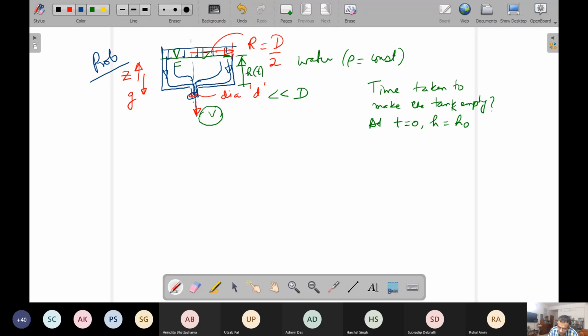There is a more authentic justification of this. So here you consider uniform velocity, right?